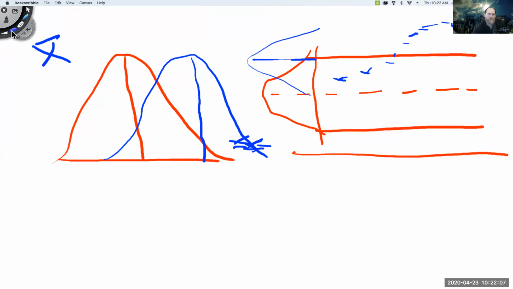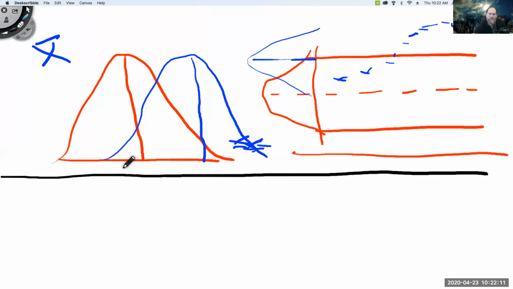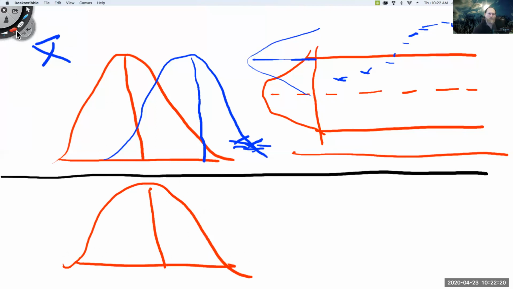In contrast, what an R chart does is, if red is kind of what we expect, an R chart tells us if this is going on, where we have a lot more inconsistency than we would like. So again, we do the same process and we tilt this distribution 90 degrees.